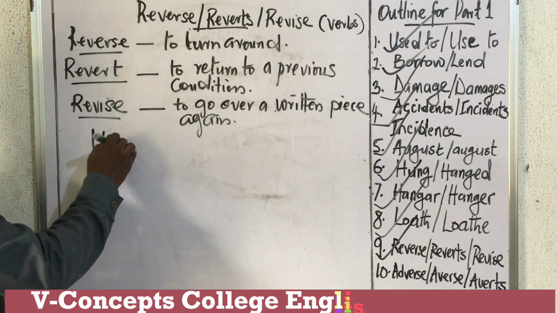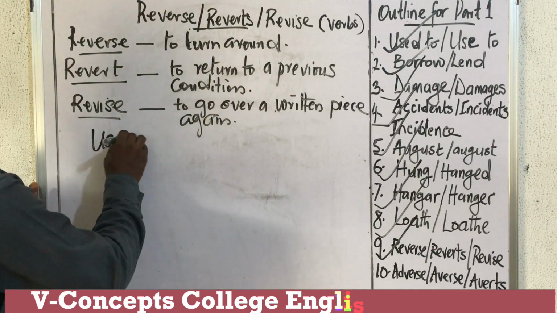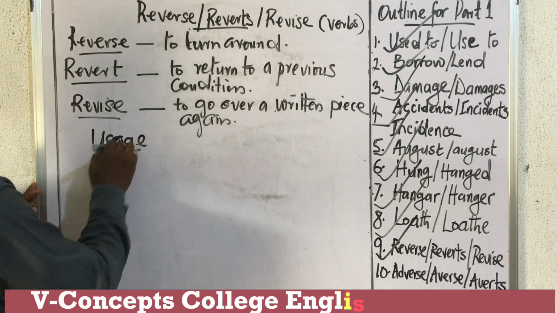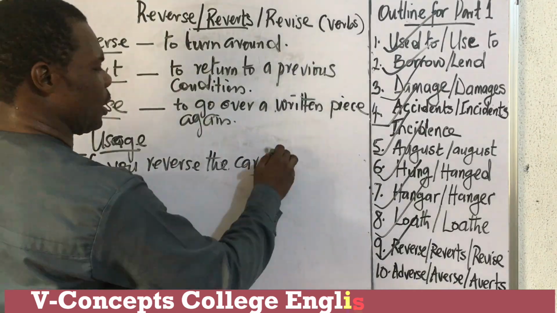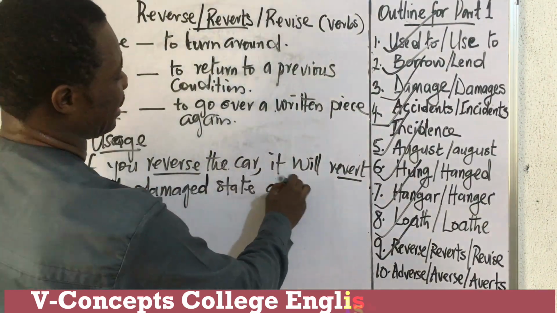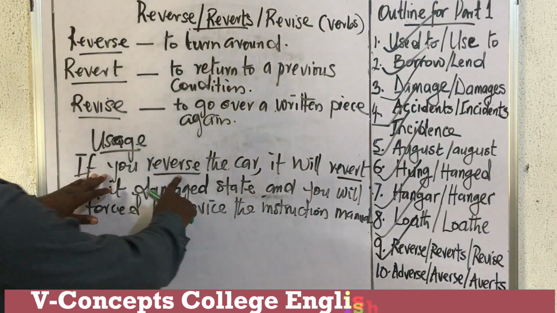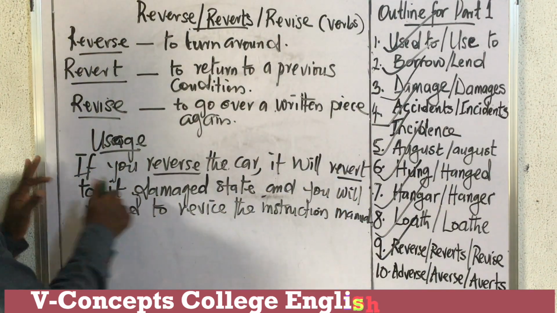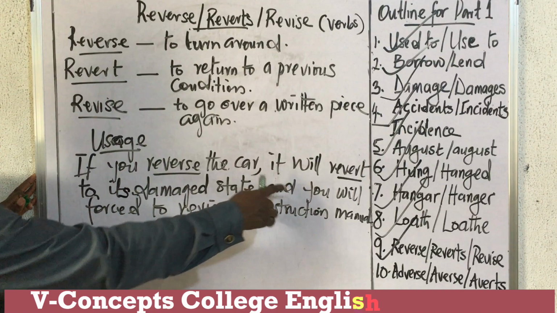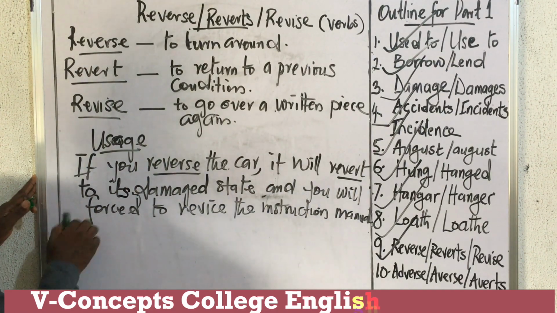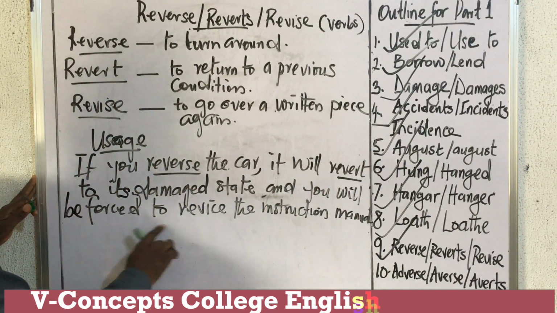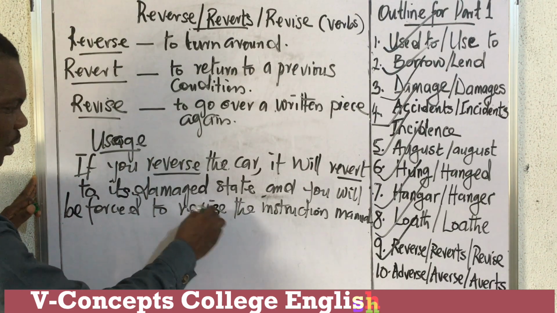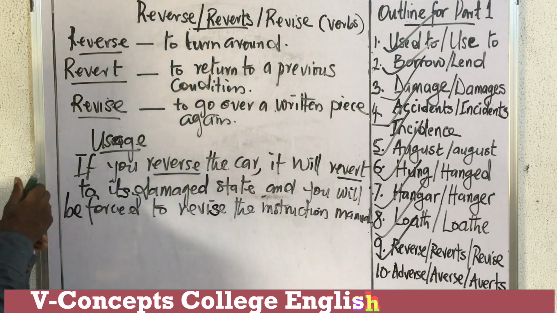How do we use these in an expression? Let me create an expression to demonstrate their usage. If you reverse the car, it will revert to its damaged state, and you will be forced to revise the instruction manual. I take it again.